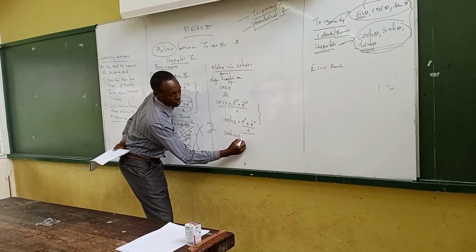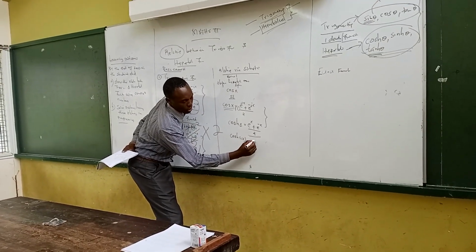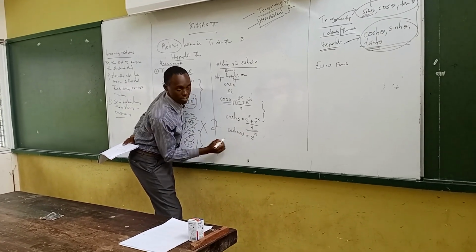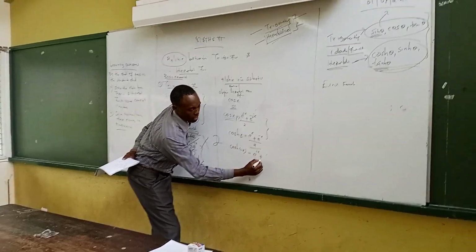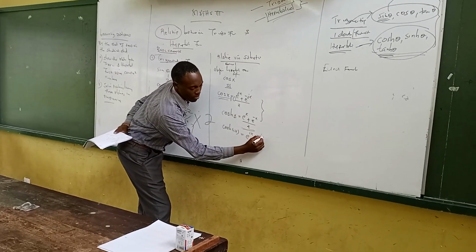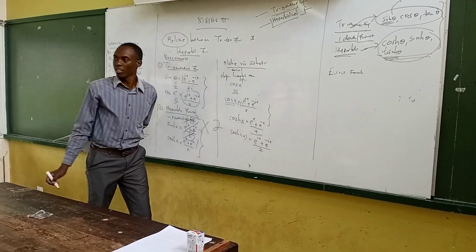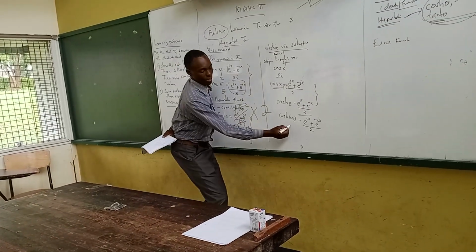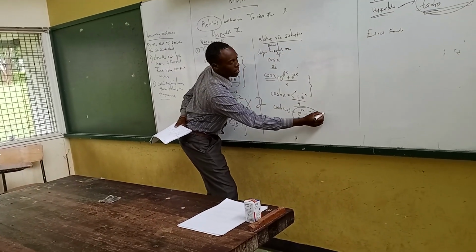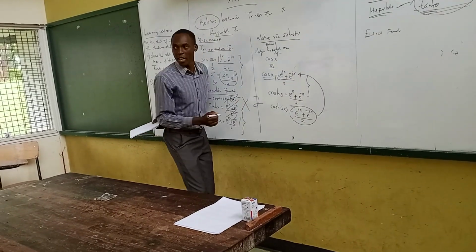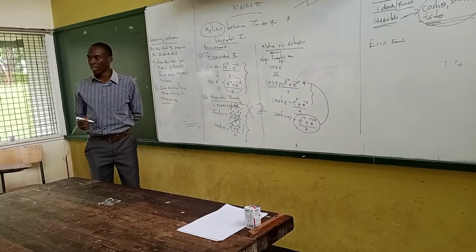Now for that, it will be equals to exponential ix plus exponential negative ix over 2. Now this function is the same to what we have been given.